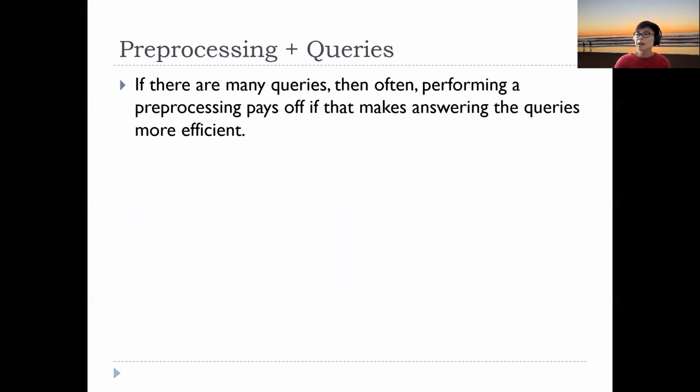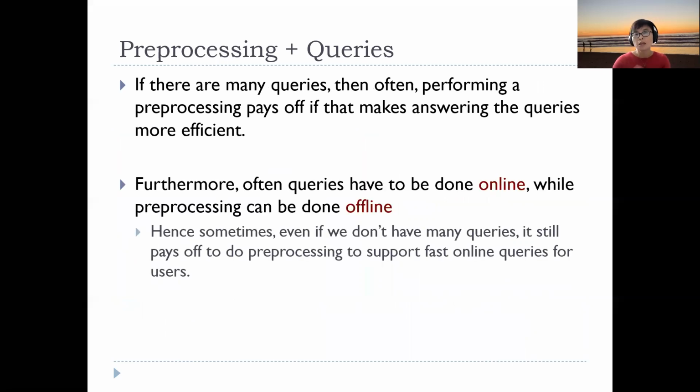In general, if there are many queries, if you have to perform a certain type of task many times, then very often performing pre-processing pays off if that makes answering the query later much more efficient. Furthermore, many times the query has to be done online. You have the database there, a user comes in and says I want to search for the student quickly.